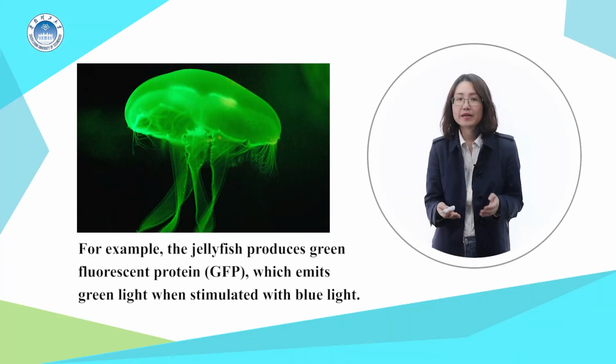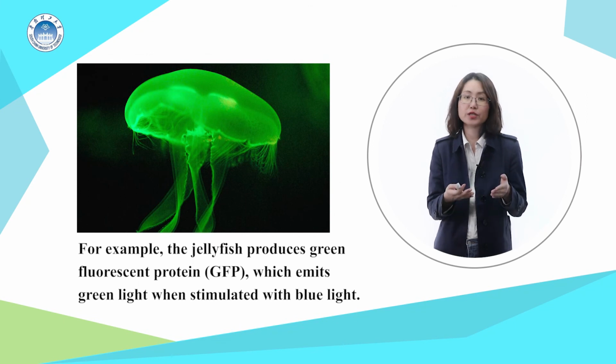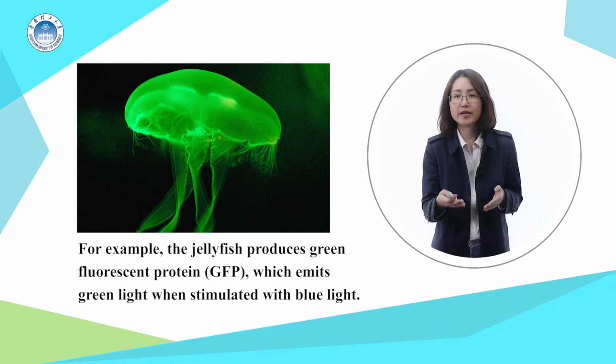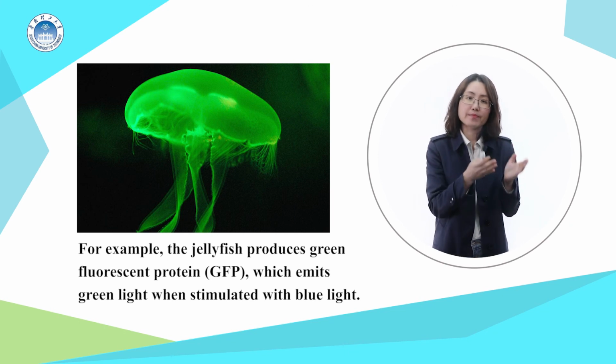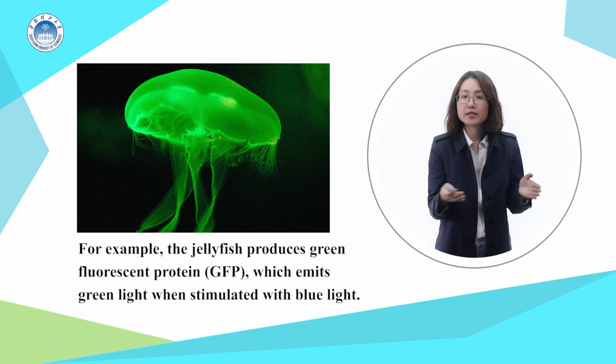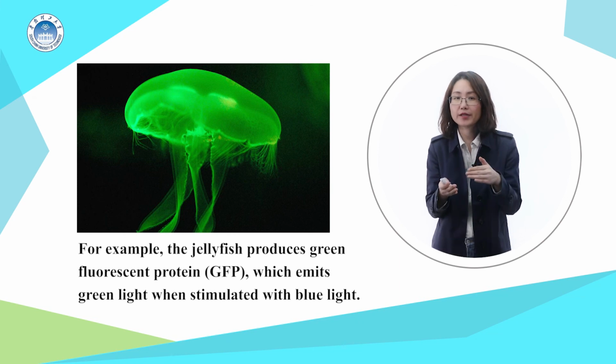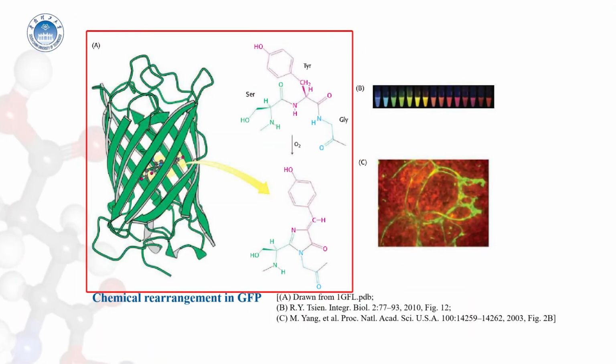For example, the jellyfish produces green fluorescent protein, short for GFP, a protein which emits green light when stimulated with blue light. So the source of the fluorescence is a group formed by spontaneous rearrangement and oxidation of the sequence serine, tyrosine, glycine within the center of the protein.